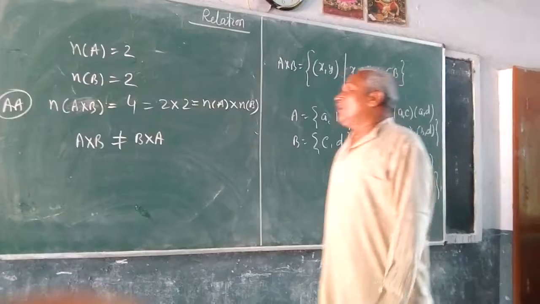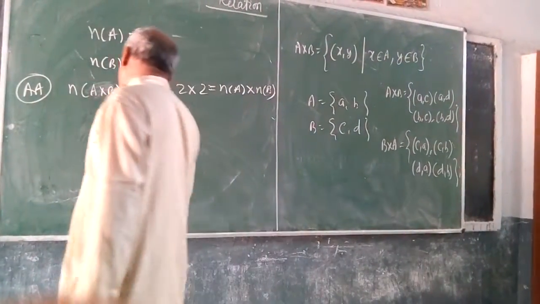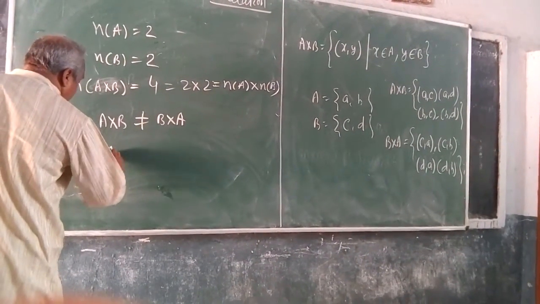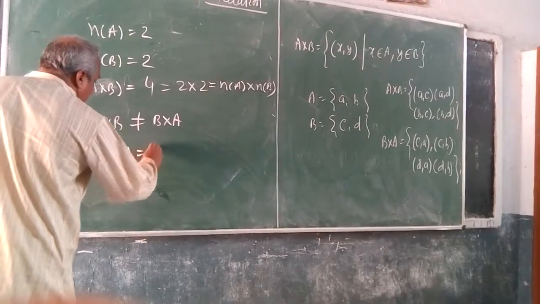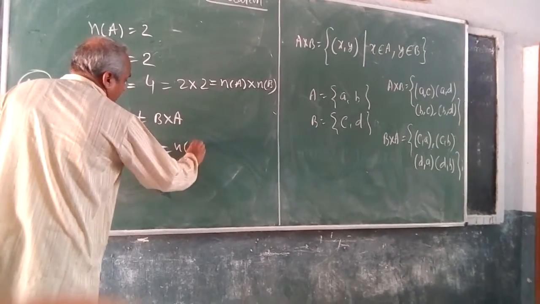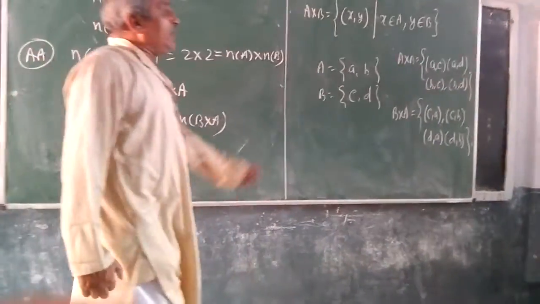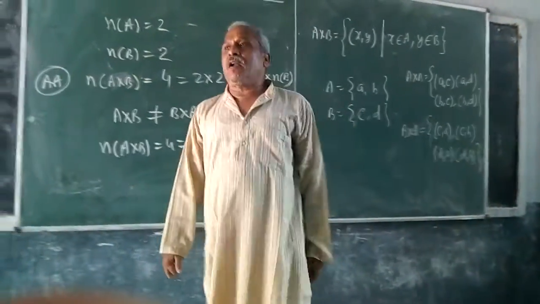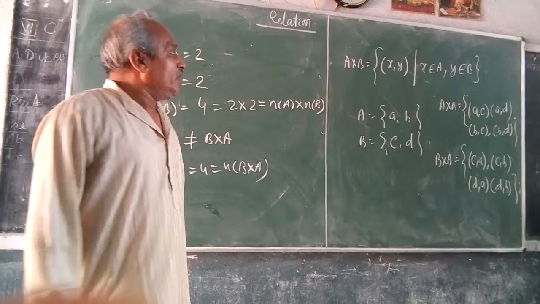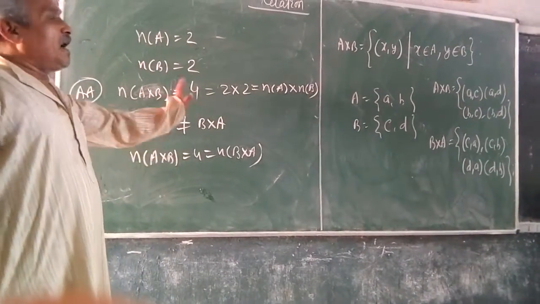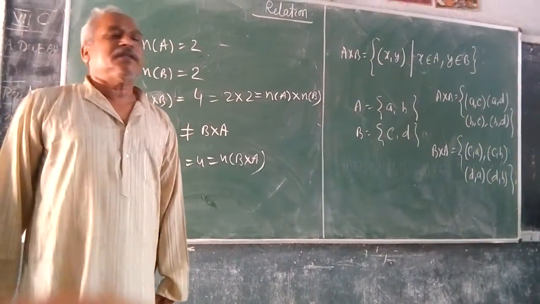But the number of elements of A cross B is 4 and of B cross A is also 4, so they have the same number of elements, but the sets are not equal. This is the Cartesian product of two sets.